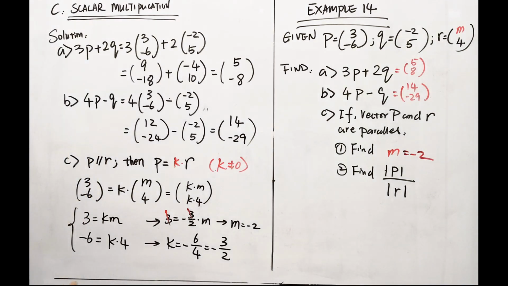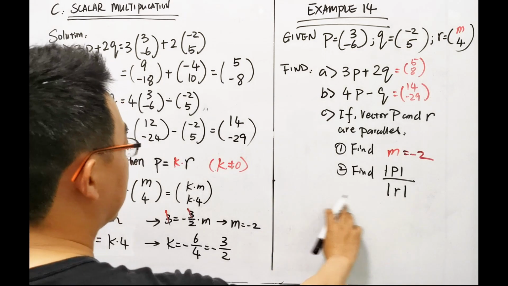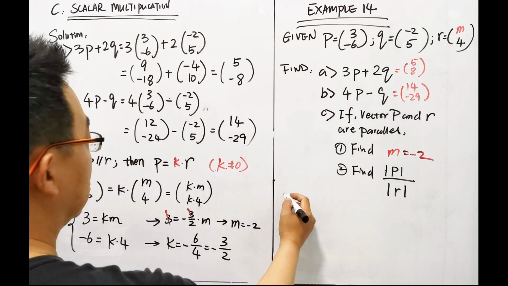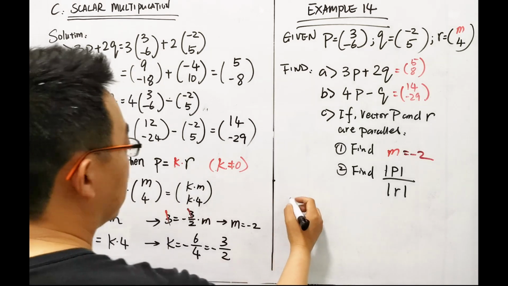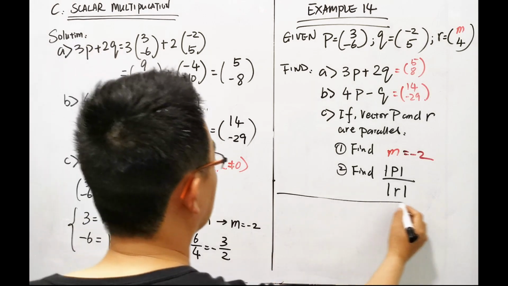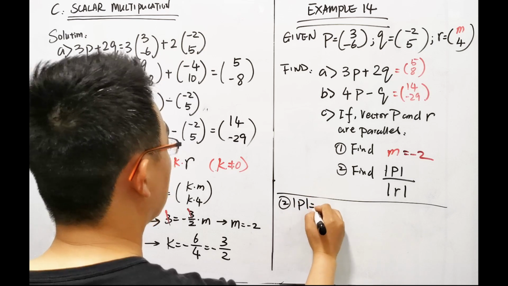Okay, now let's look at the second one. It's 3. For the second one, we can probably draw here. Okay, so this is the first one. Let's do the second one here. So what's the magnitude of P?